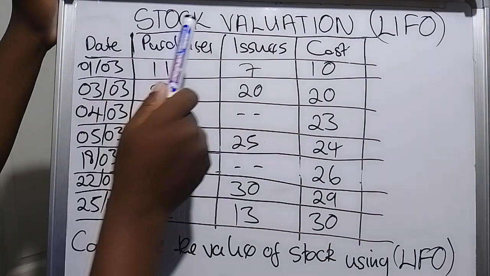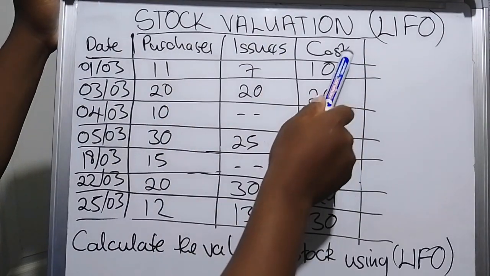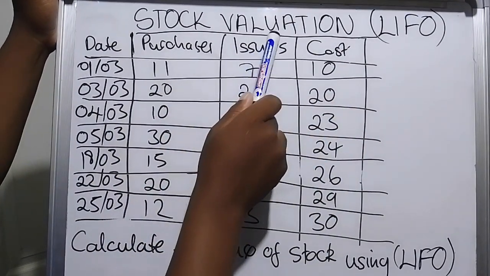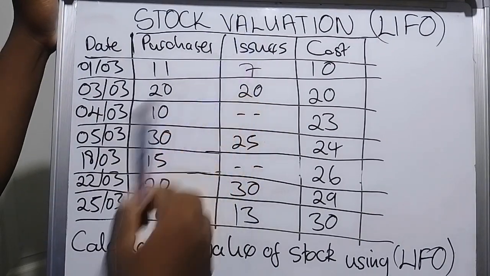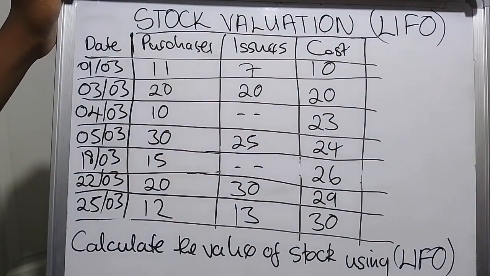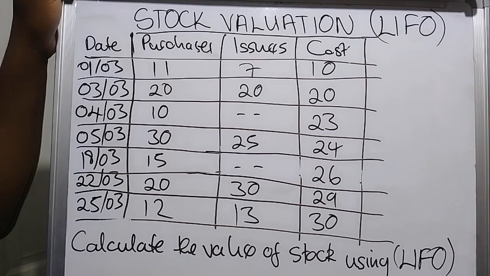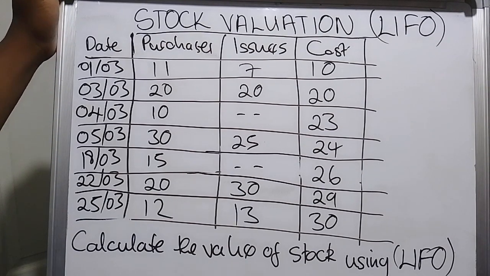We have date, purchases, issues, or cost. The issues can be sales, or the products which are being issued out to a production department or production section.